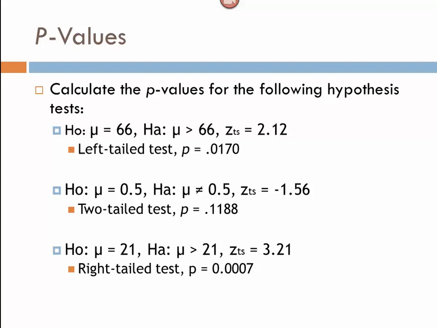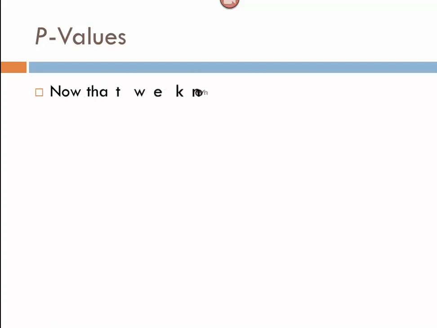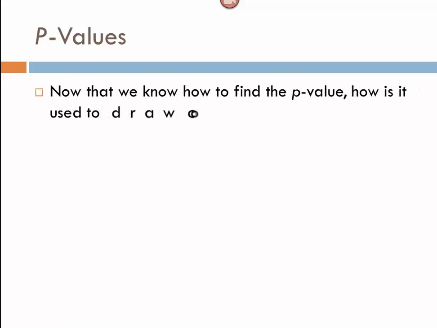Now, we've talked about how the lower the p-value is, the more evidence we have against the null. So in discerning whether or not we are going to reject or fail to reject, we need to set some sort of decision criterion. And here's how we do it.